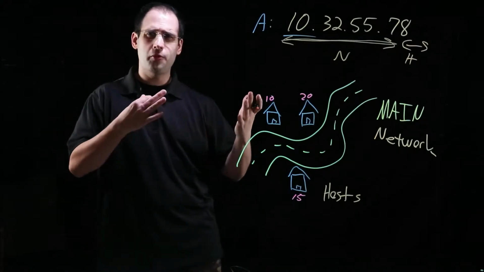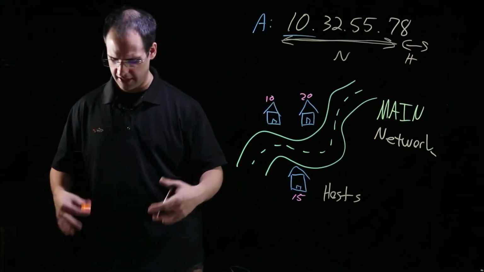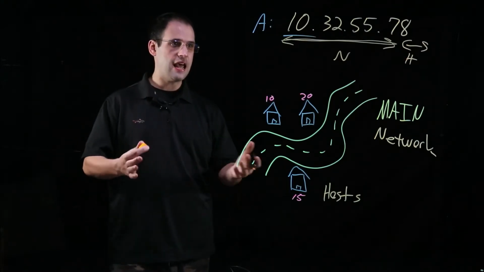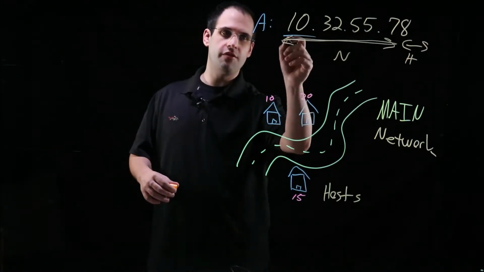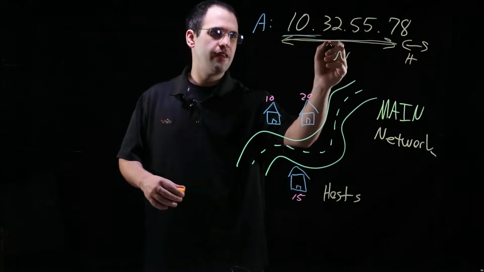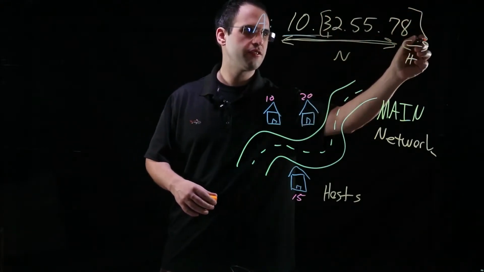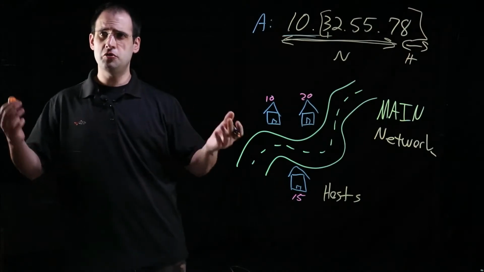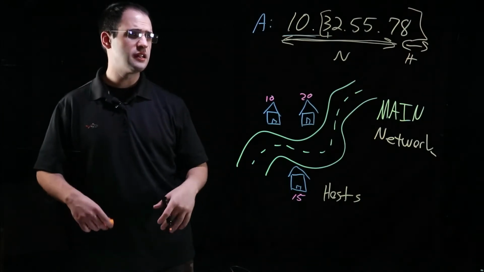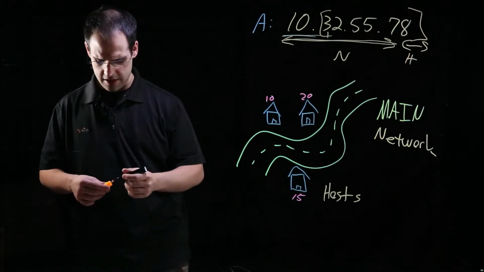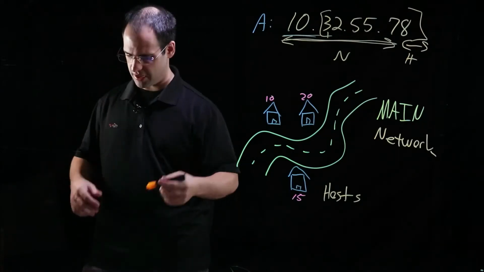And we need to come up with a way to define this range. Now in the classful system, we just said this was our network address, and then everything over here, coming from this side to this side, was the host range. That's what you're stuck with. Not the best system.